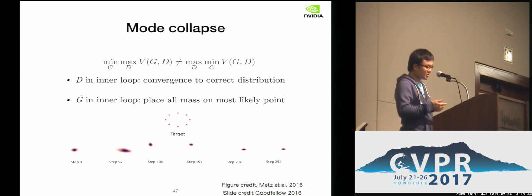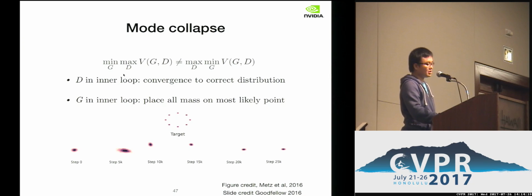We'll use this slide to illustrate the mode collapse problem. At the top, we have the objective function. You can think of V as the objective function in GAN. We have two expectation terms. We want to maximize over D, but also minimize over G. But depending on the order in which we perform this optimization, it has a different effect.